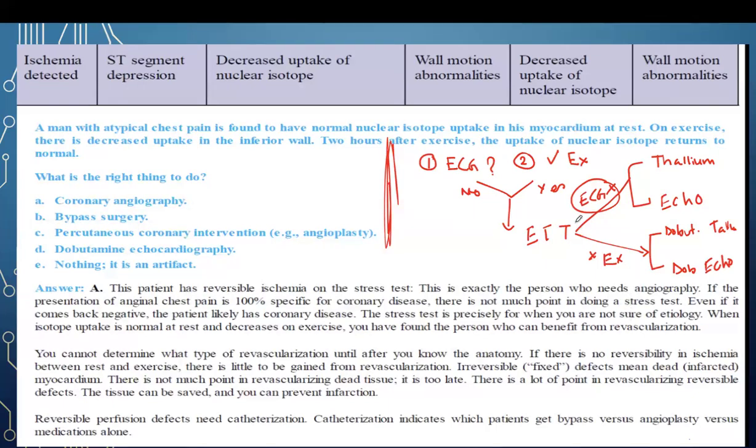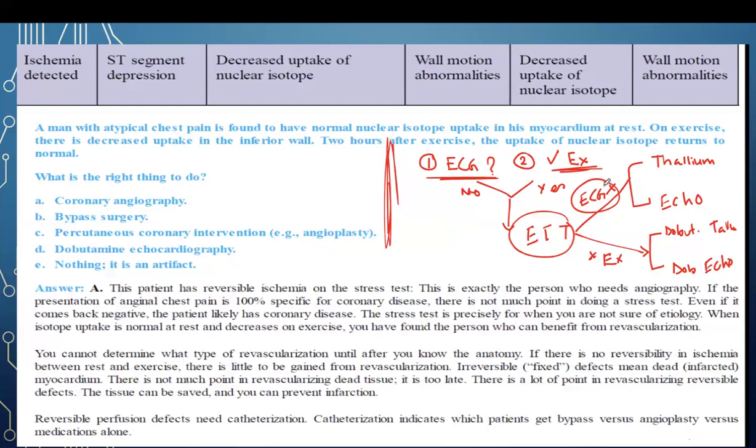So yes, it is for ischemic heart disease. If a patient has got angina, chest pain with exertion, then you would do an ECG. Okay. So let's say the baseline ECG is normal and the patient is able to exercise. Then you send the patient for an exercise stress test, which is running on a treadmill.